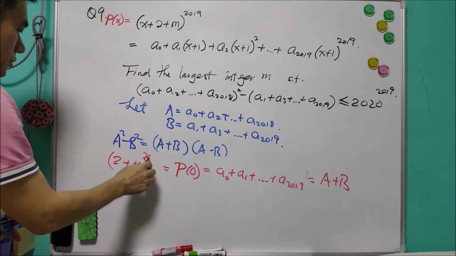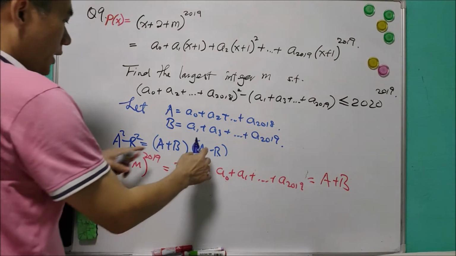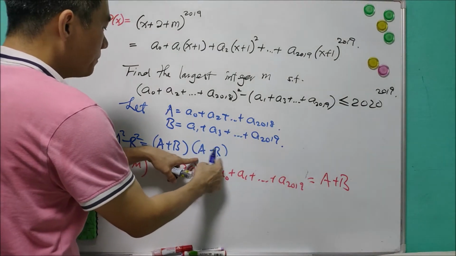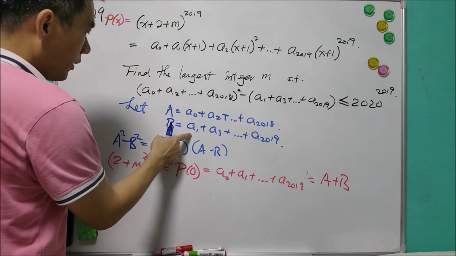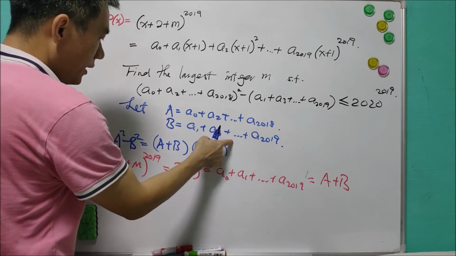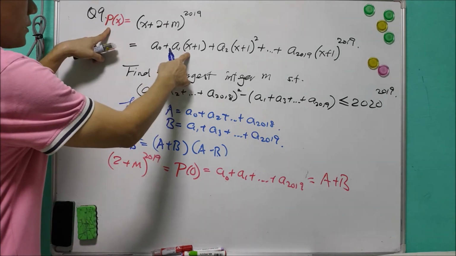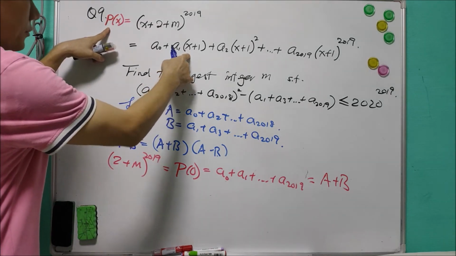Next, in order to get the alternating sum, that is a0 minus a1 plus a2 minus a3 plus a4 minus a5 and so on and so forth, we shall let x be equal to negative 2.